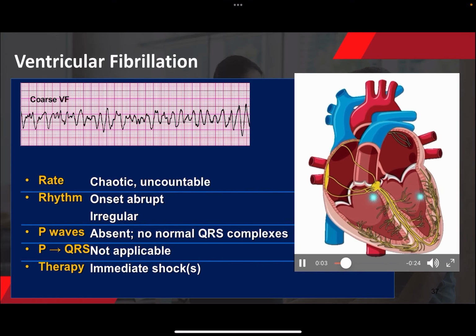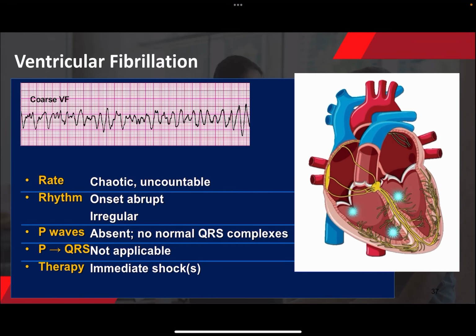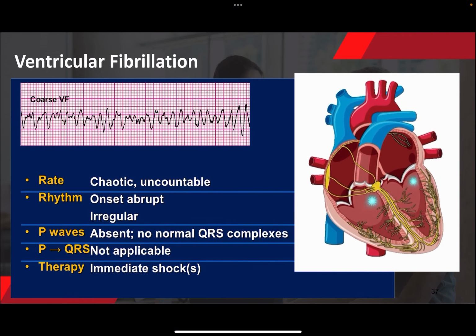All right, now this is what's happening for a patient with ventricular fibrillation. Your heart is not actually pumping, it's quivering, so it's not able to pump out the blood needed to sustain life. For ventricular fibrillation, our treatment is to defibrillate.